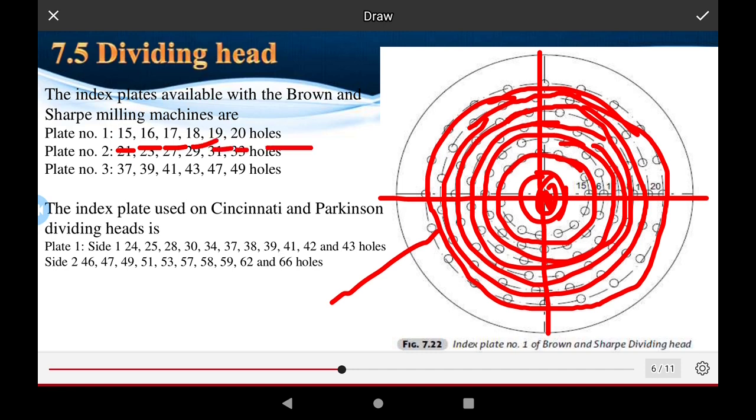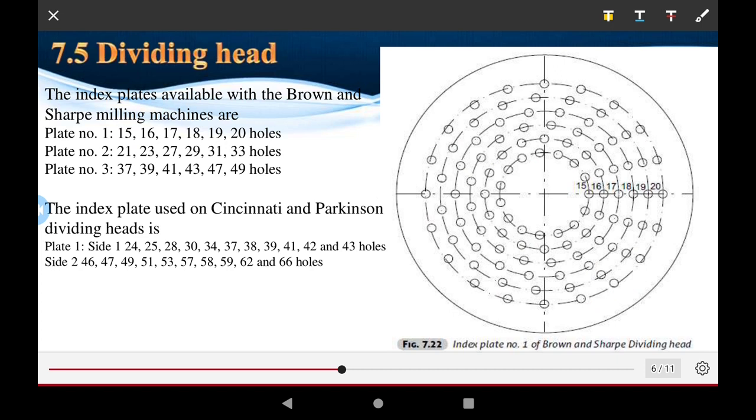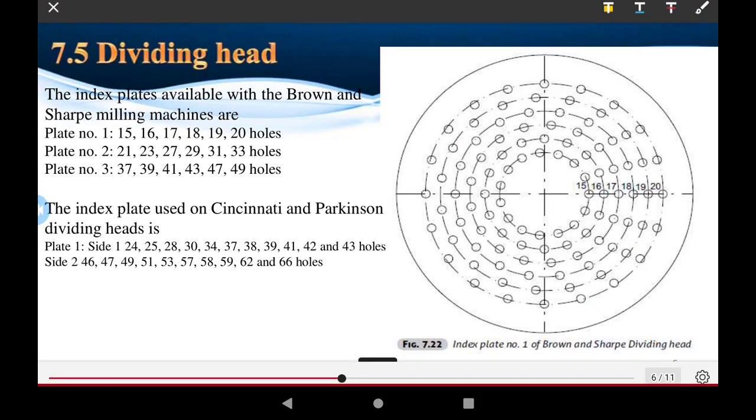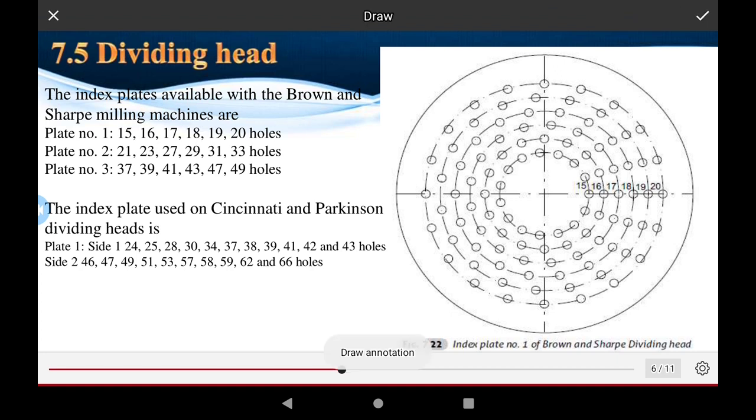Okay, 20 holes on plate one, and plate two is used for 21, 23, 27, and this is used for the even number of holes in the second plate. The third plate is used for other even numbers of holes, 37, 39, 41, 43, 47 and 49.